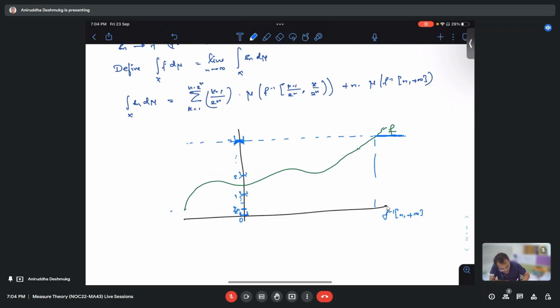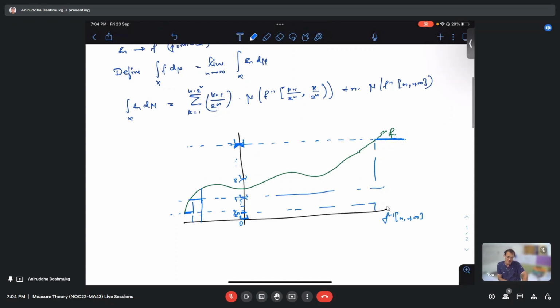Again, let us draw lines everywhere, and wherever these lines intersect f, there I am going to do this. So here the value is this much, here the value is this much, and so on. In this way, we get simple measurable functions that can approximate f very nicely.